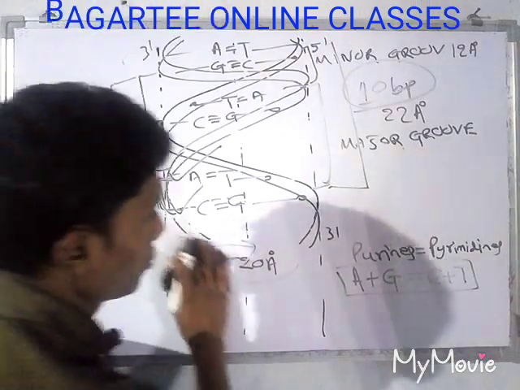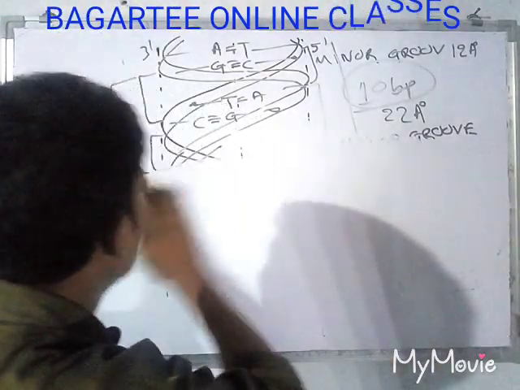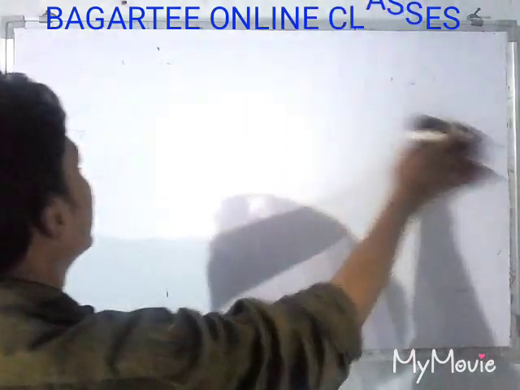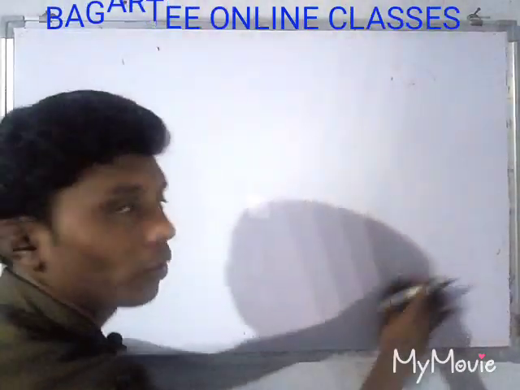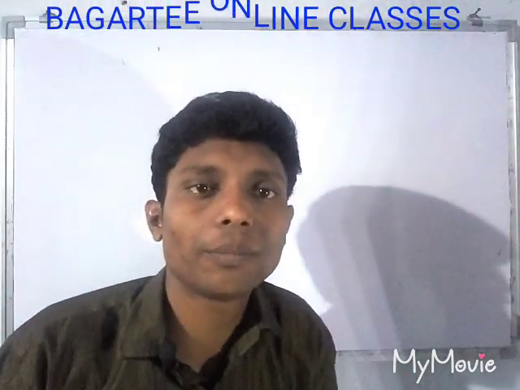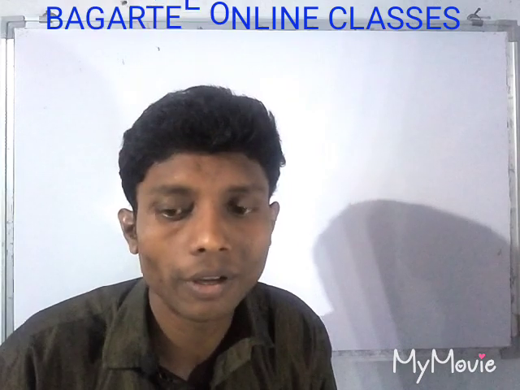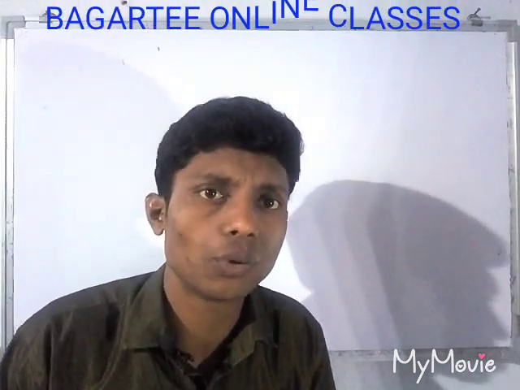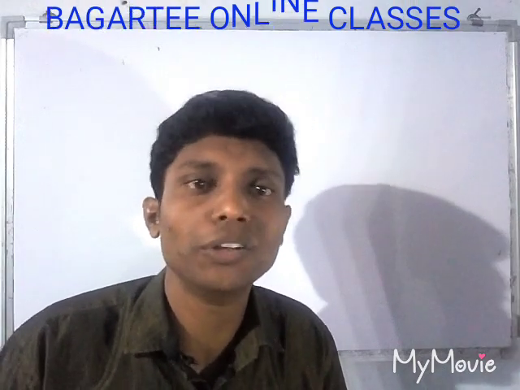Okay, so next we'll move on to the chemical structure, or the molecular structure, of DNA. We know that the constituent particles of DNA are nucleotides. The two strands are polynucleotide chains, each strand consisting of many nucleotides.